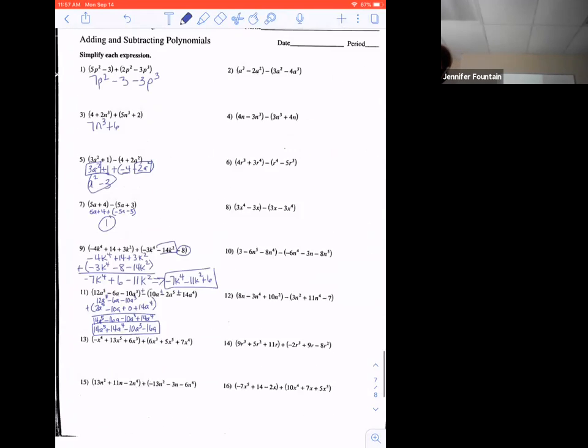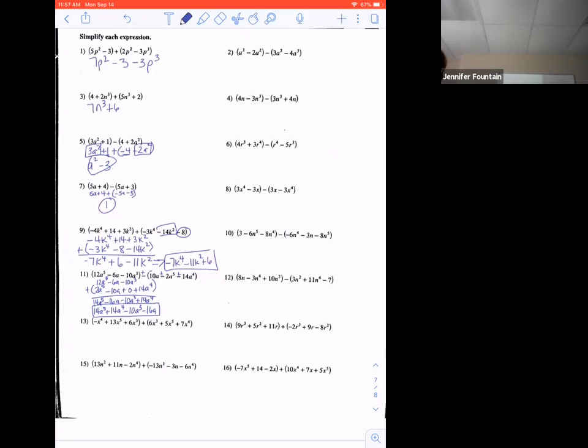And then the last page. 6, 8, 10, and 12 are homework. 2, 4, 14, and 16 are bonus.